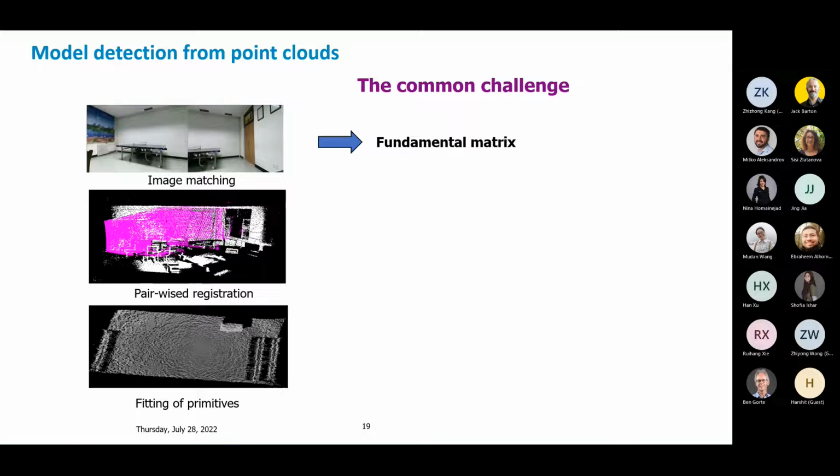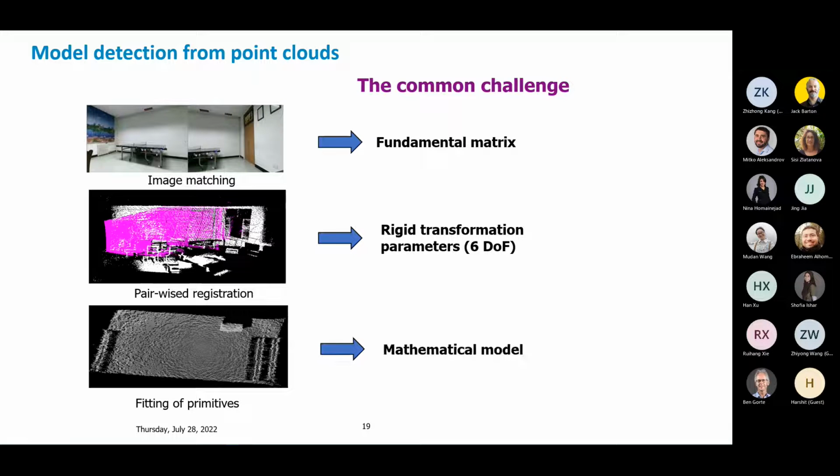Like the fundamental matrix for the image matching, or the rigid transformation parameters, and the mathematical model for the features. So actually for such data sets, we need a robust estimation of the model parameters.